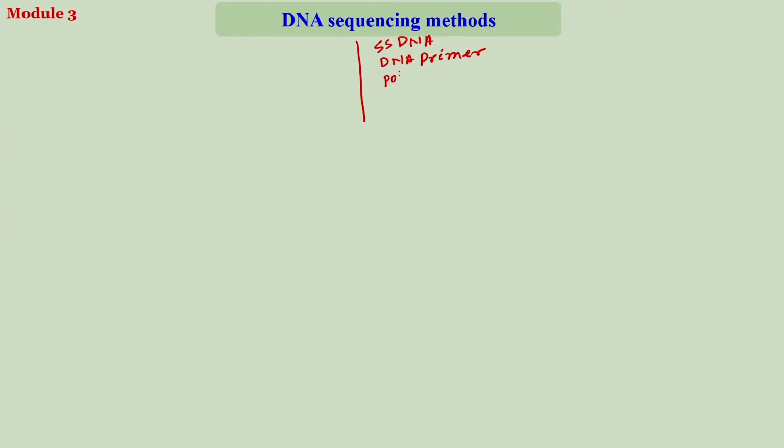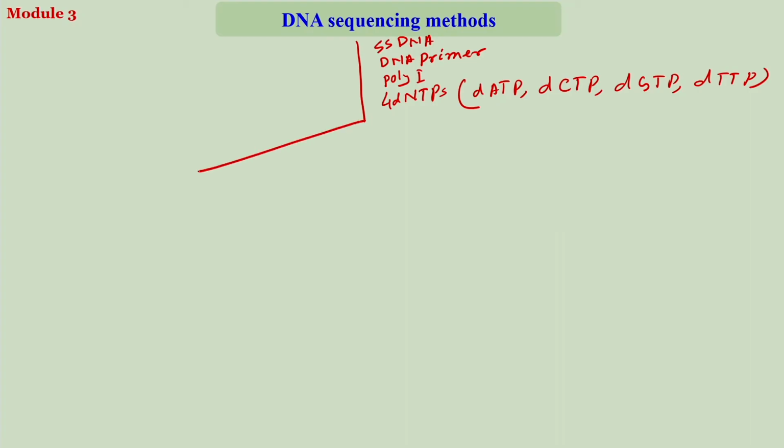You have the polymerase 1 and you have the 4 dNTPs: dATP, it is important actually, that is why I am writing, dCTP, dGTP and dTTP. So, that is what you have in your mixture, and then Sanger has divided into 4 different vials.